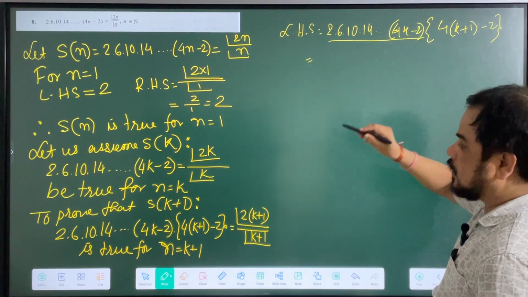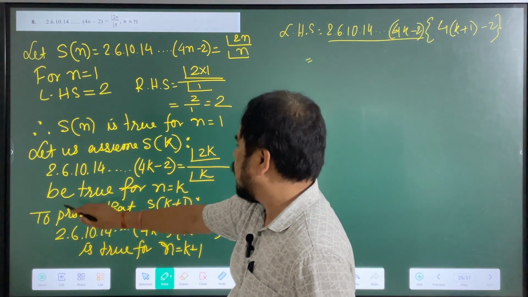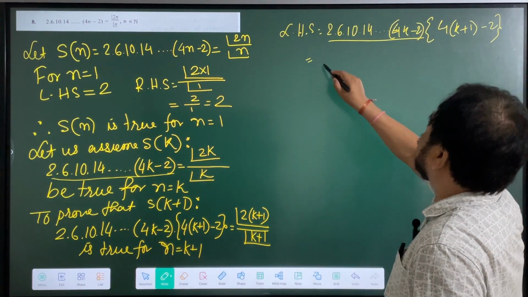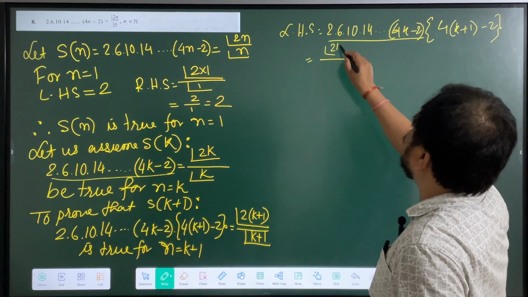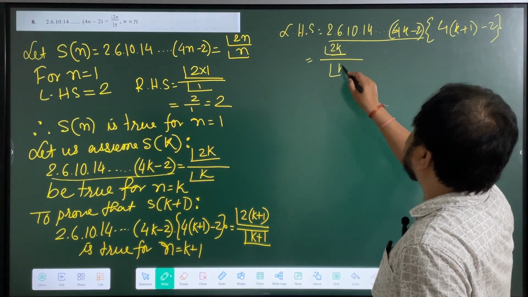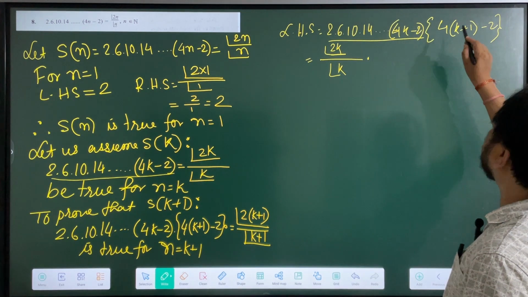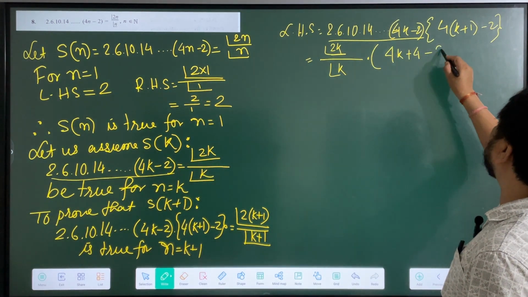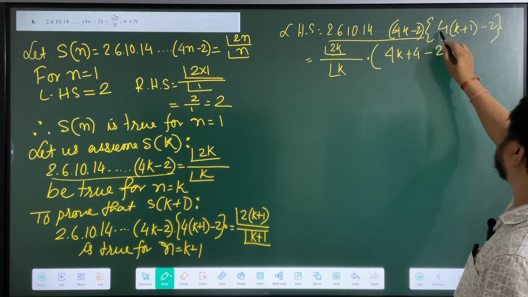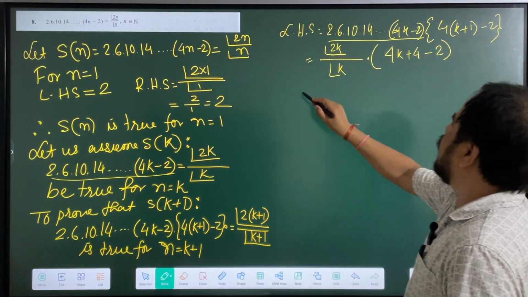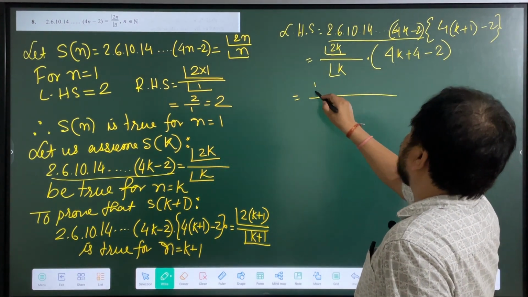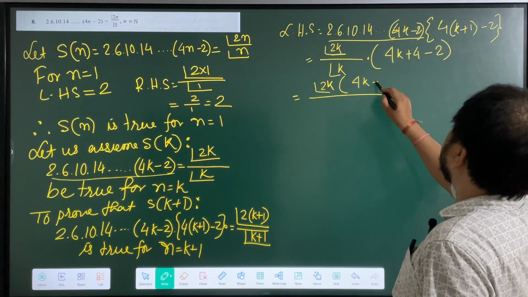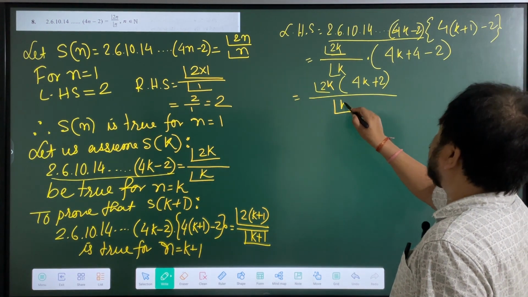Here to here we can write factorial 2k by factorial k into this one, 4k plus 4 minus 2. Multiply 4 into k, 4k, 4 into 1, 4 minus 2. Factorial 2k into 4k plus 2 by factorial k.